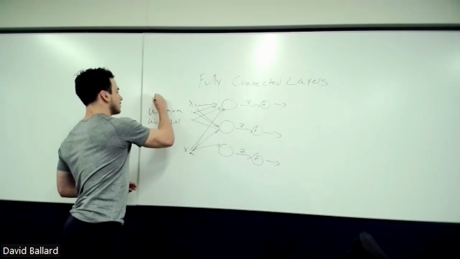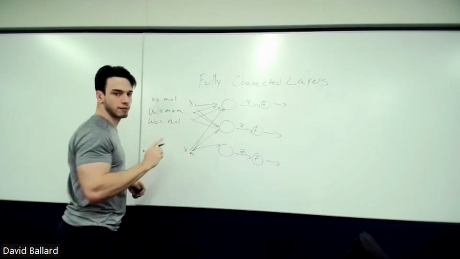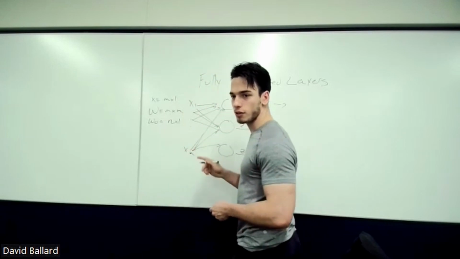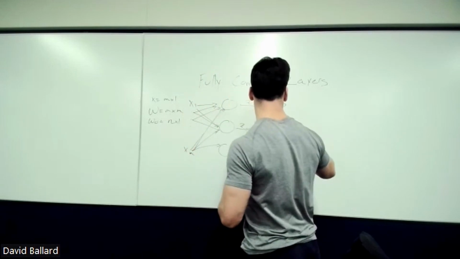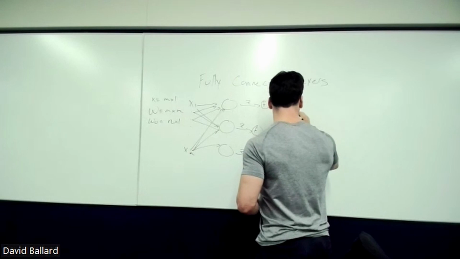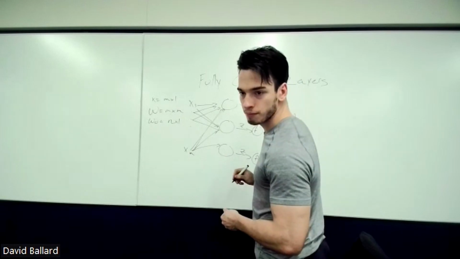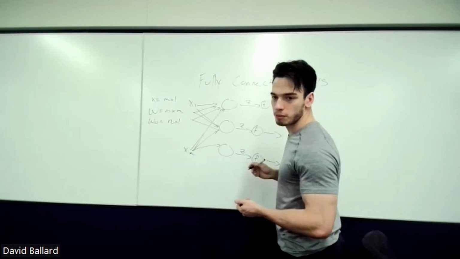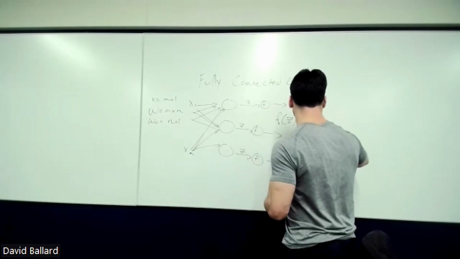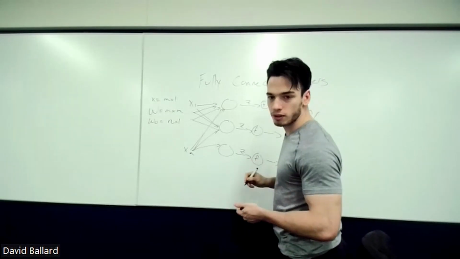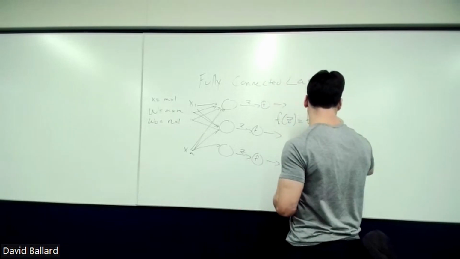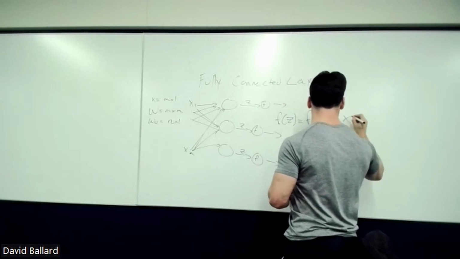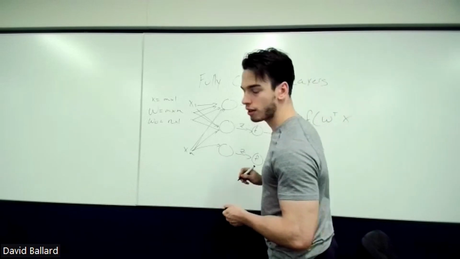Our X is going to be M by 1. These are the right dimensions. So F of Z is going to be pretty much what we wrote before. What is Z? It's going to be W, your weight matrix transposed, times X plus W naught.